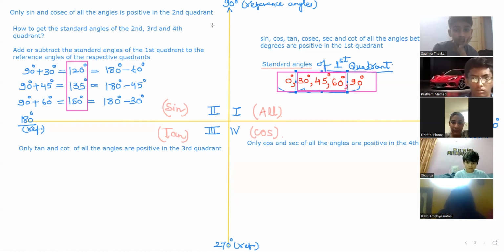So in the second quadrant, I added 90 to these angles and subtracted these angles from 180 degrees to get the standard angles. For the third quadrant, you will add 180 to these angles or subtract these angles from 270 degrees to get the reference angles of the third quadrant. Okay, please do it.